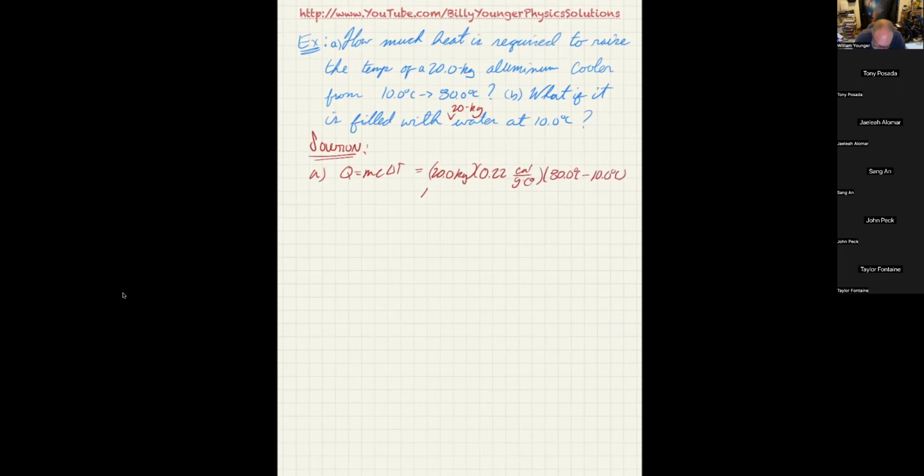Now, I also have to convert that kilograms to grams so it works. So I'm going to say times 1,000 grams is equal to 1 kilogram. So I've got to multiply all that times 1,000 to ultimately get my answer. And in this case, it becomes 20 times 0.22 times 70. By the way, that 70 is Celsius degrees, not degrees Celsius, times 1,000.